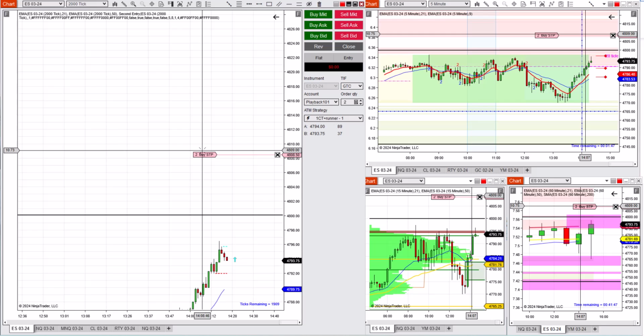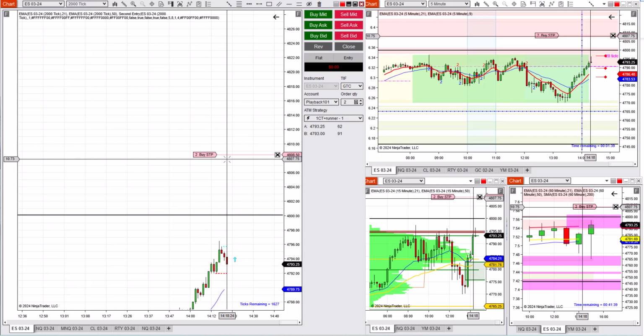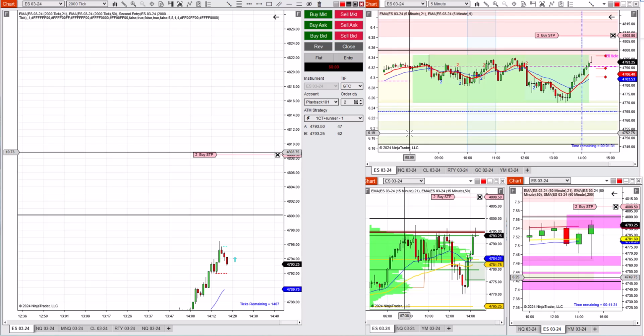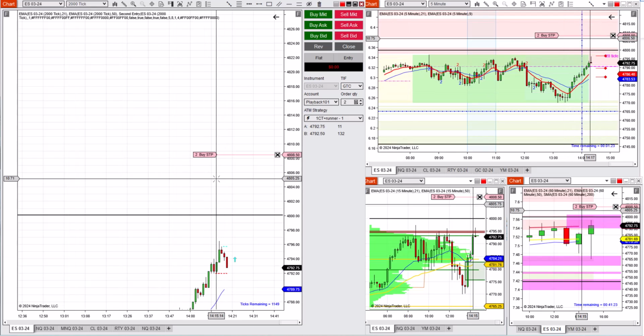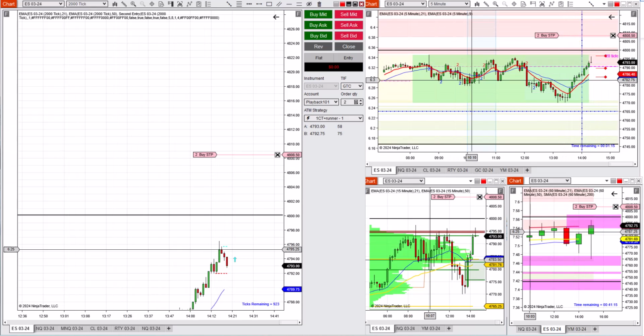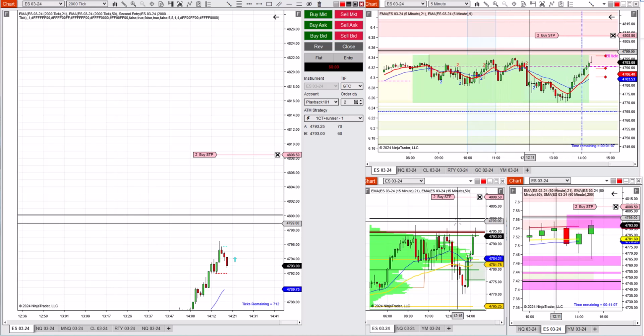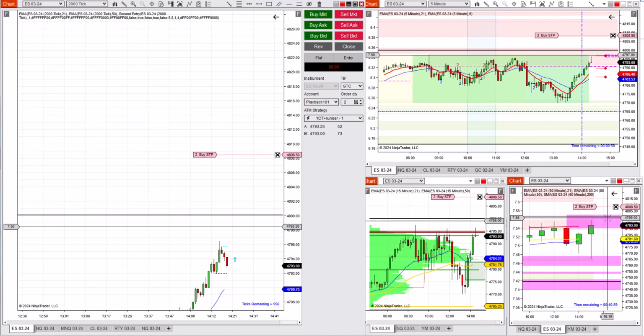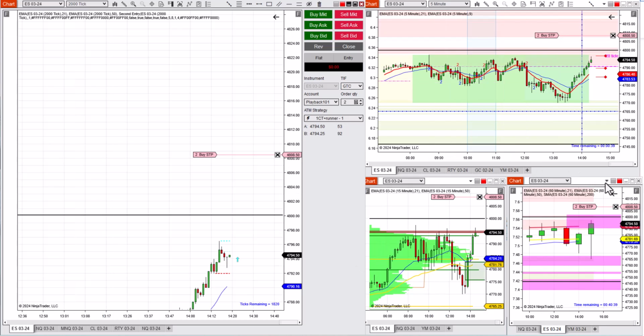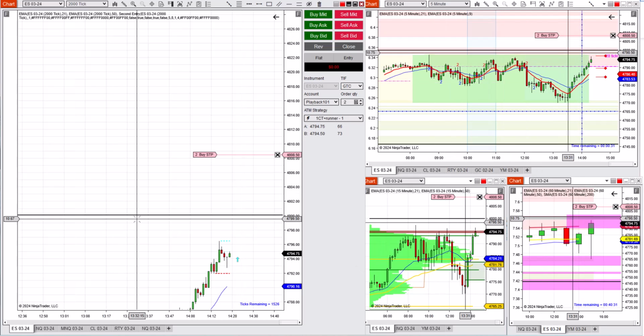So we need to see a candle close above 4,800 pretty much on the 5 minutes, because this is my entry chart. You can see on the 15-minute price is coming up. On the 1 hour, we are getting there, but we're not there yet. Let me make sure. Yeah, it is the 1 hour. Okay.